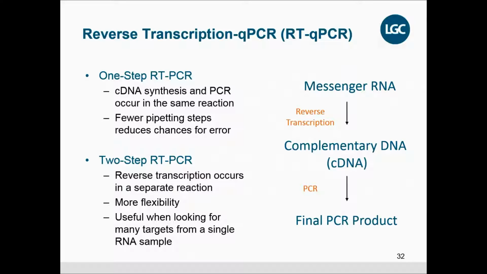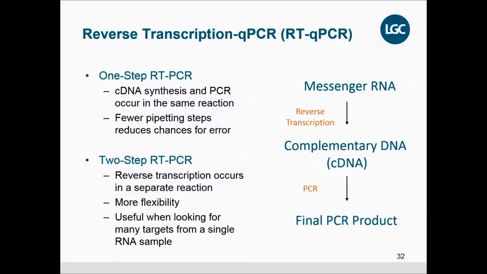So again, just the process of RT-qPCR, we are looking at that messenger RNA, and it first undergoes a reverse transcription step to create the complementary DNA strand, or cDNA, which then undergoes a standard PCR process to get a final PCR product. There are a few different ways we can do this, through either a one-step RT-PCR or two-step RT-PCR, and there are advantages and pros and cons to each of these methods.